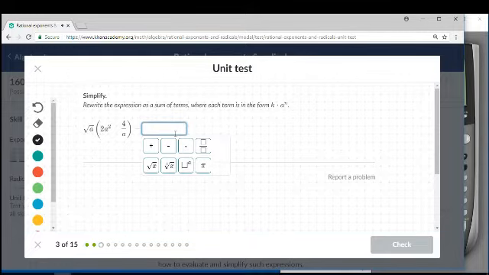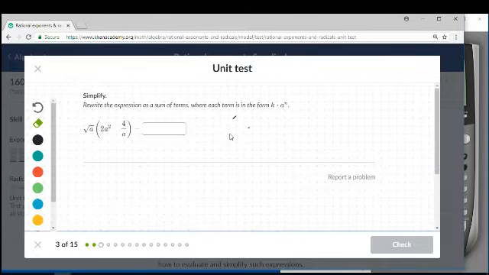Okay, write the expression as a sum of terms where each term is in the form k times a to the n, all right? So at this point, we're going to have to rewrite radicals as fractional exponents.